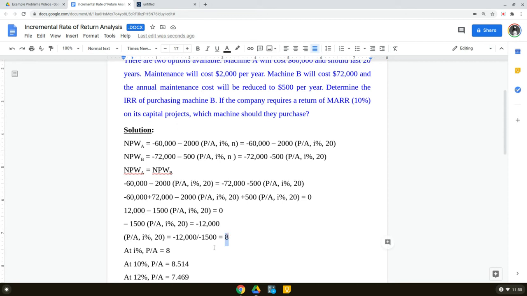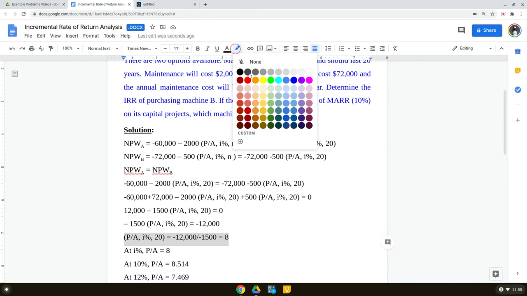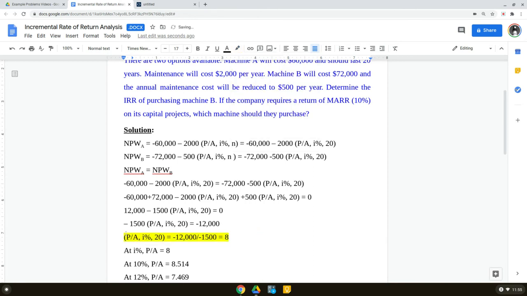So now we know, maybe I can highlight this, this is important. We still don't know the incremental rate of return, or I, but we know that at that particular rate of return, the value of the factor P given A is going to be 8.